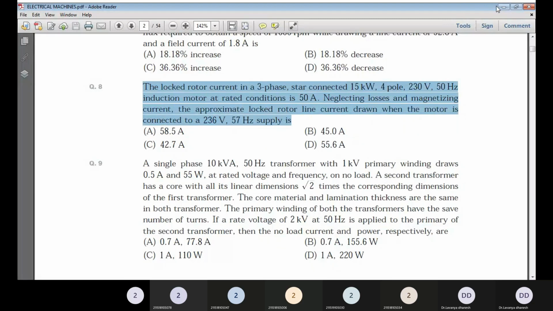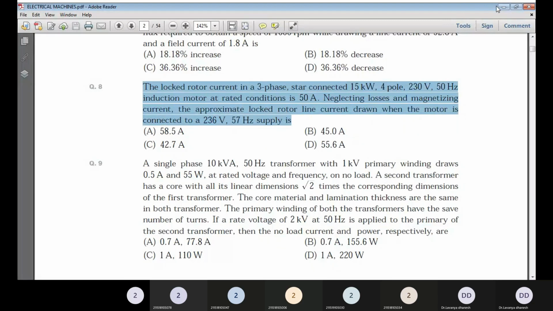So here I2 is E2 divided by the square root of R2 squared plus X2 squared. So the formula is very, very important. With the formula only you can find it out.